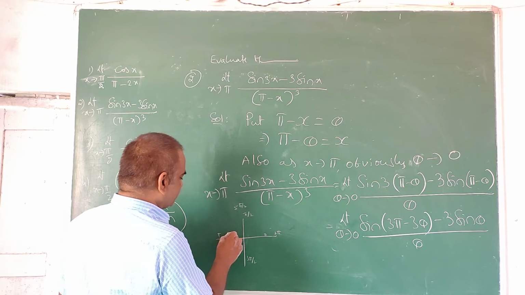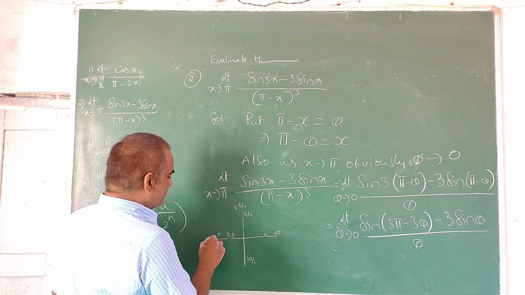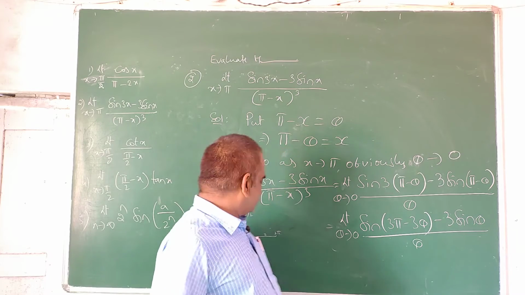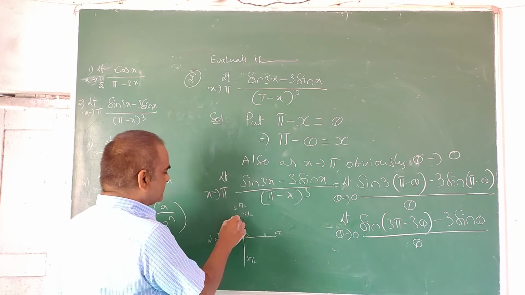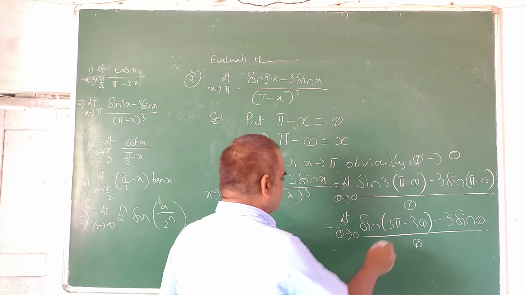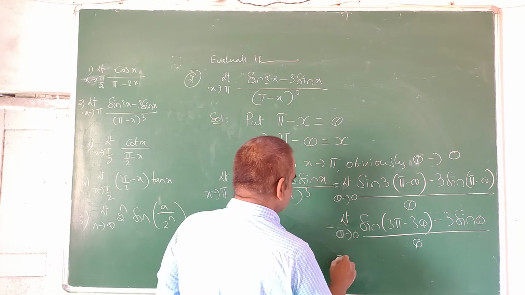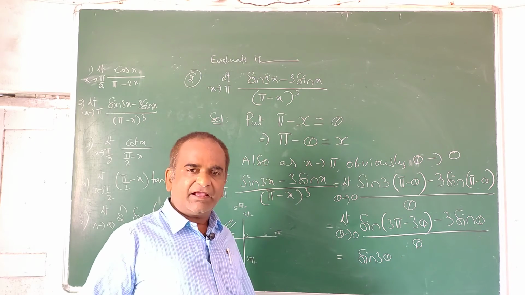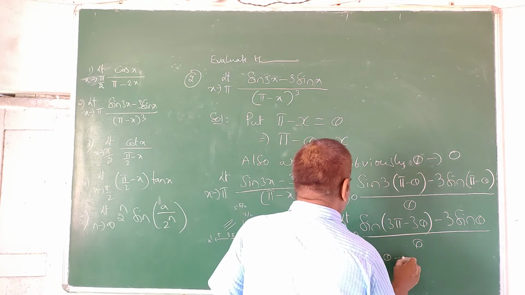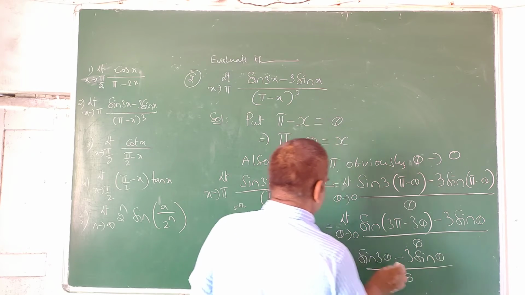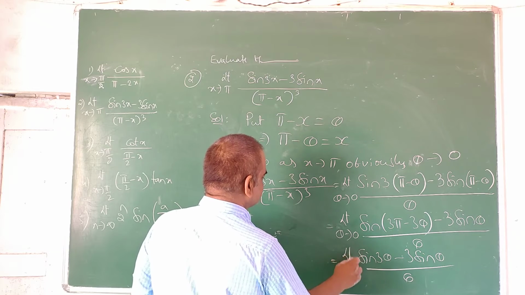It is 3 pi. So 3 pi will be on OX dash. Now 3 pi minus 3 theta obviously goes in the second quadrant. So it results as sin 3 theta. So this is sin 3 theta. Are you following? Minus 3 sin theta by theta, so limit theta tends to 0.